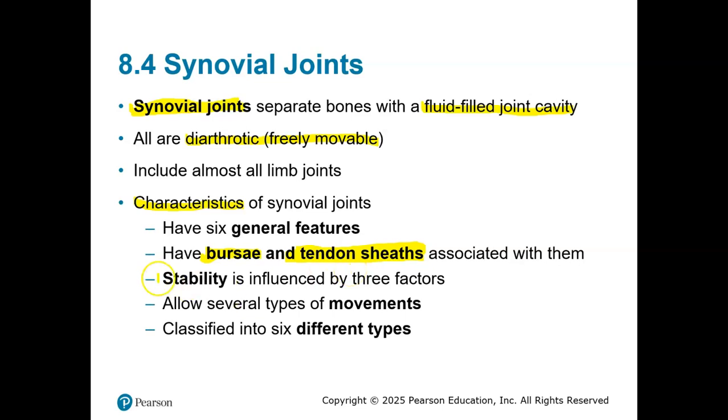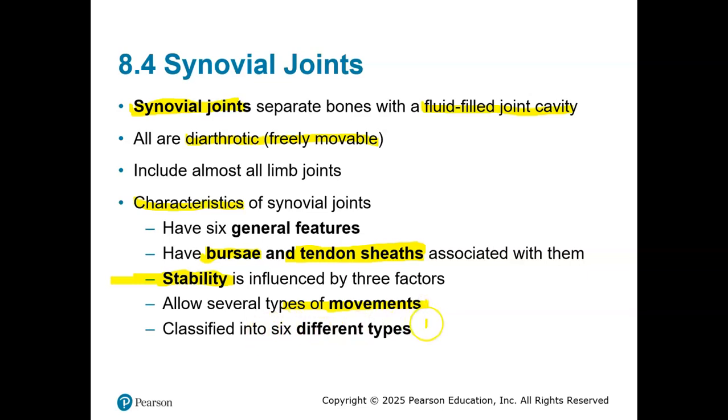And then synovial joints have stability as one of their characteristics, and some have more stability than others. We always compare the stability of the hip joint with the shoulder joint. The hip joint has a whole lot more stability, but it has more limited movement. So the types of movements would be another factor.